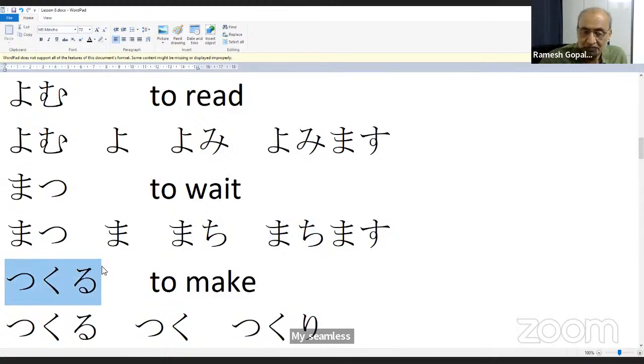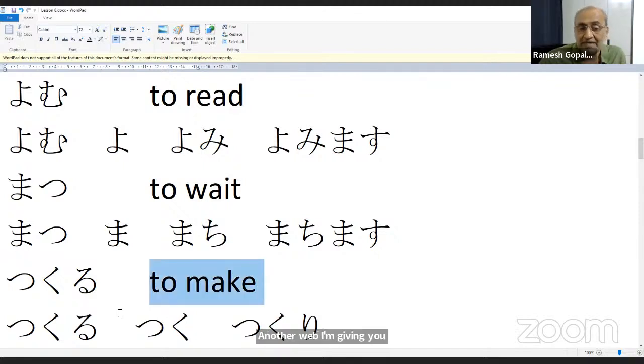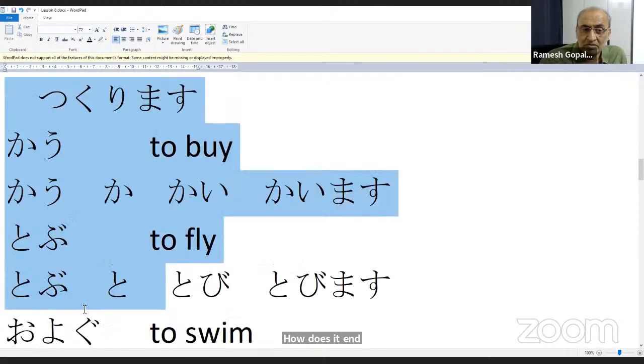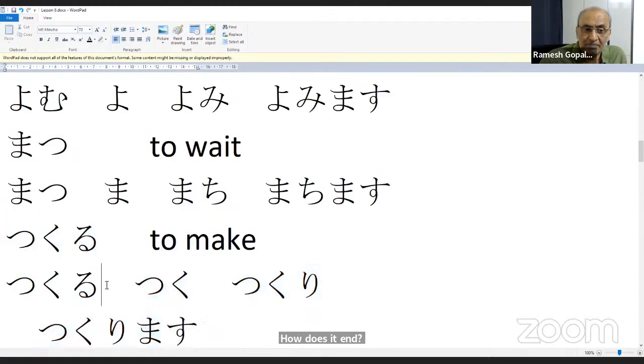Now, next, another verb I'm giving you. Tsukuru. How does it end? Ru. What does it mean? To make. Now, what do you do? Drop the final kana, ru. And what are you left with? Tsuku. And then what do you add?